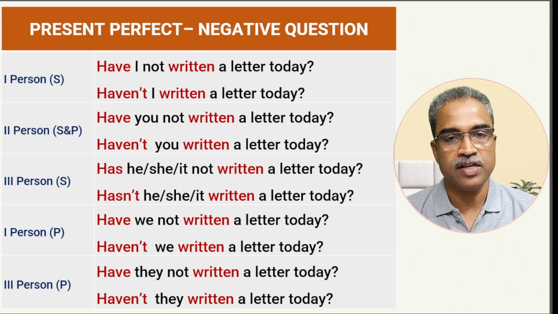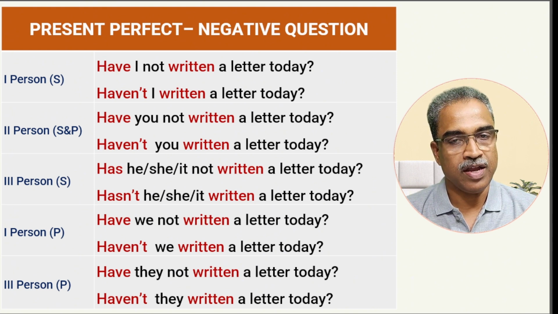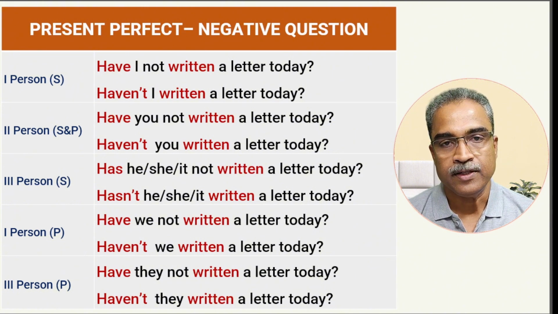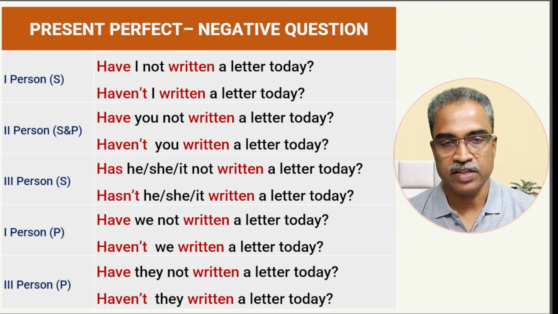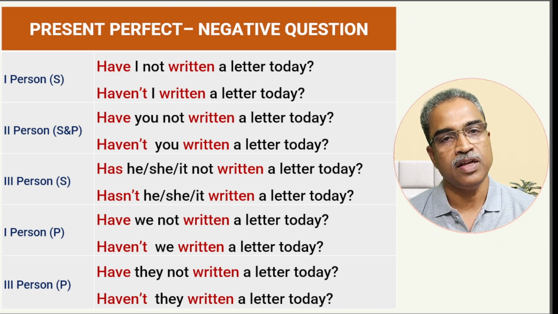I hope in today's class you have understood how to frame questions both in the affirmative and negative. Once again, I recall to your mind that we have a set pattern, and this pattern is applied to all the tenses. Negatives are put in the same manner in all tenses. Questions are framed in the same manner in all tenses. The only thing is, the auxiliary verbs keep changing.